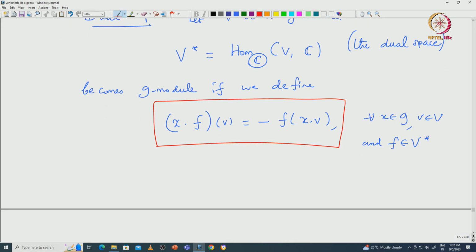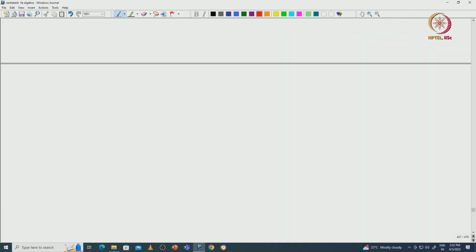More generally, one will be able to define this on any Hom space Hom of V comma W. So, let us recall this Hom representation. We start with two representations, V and W, so they are G modules.